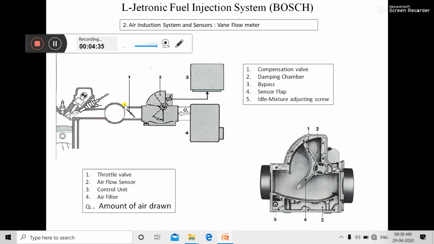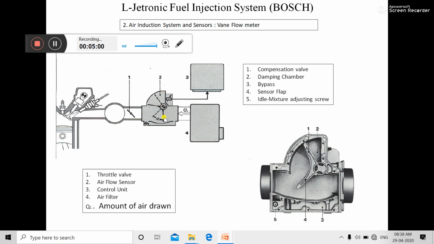This happens as the driver revs it, or presses the accelerator pedal. The disadvantage of this flow meter is that whenever there is sudden acceleration or sudden braking, it has an inertia effect.